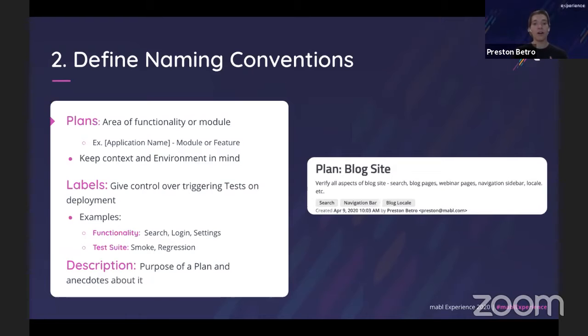Some examples of that are search based on functionality, or something like smoke or regression based on test suite. And then descriptions, some type of description from a summary perspective, anecdotes, the purpose, right? And then you can see an example of this on the right.